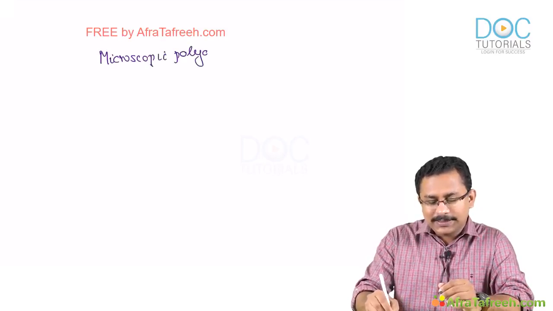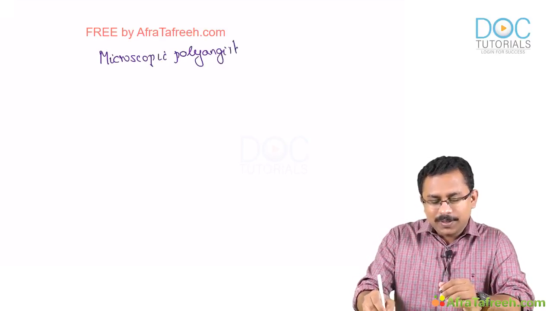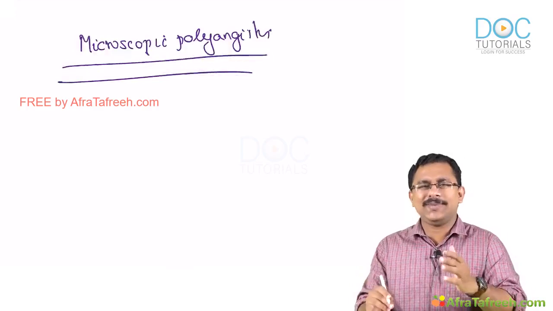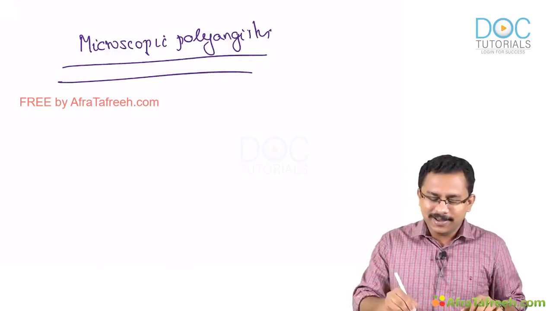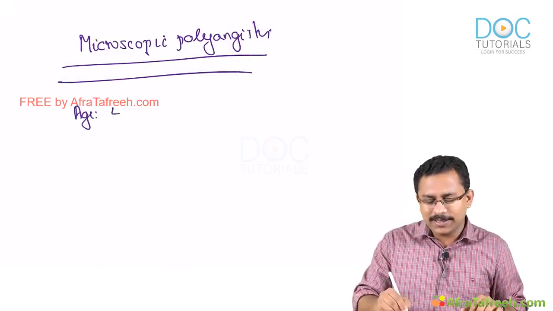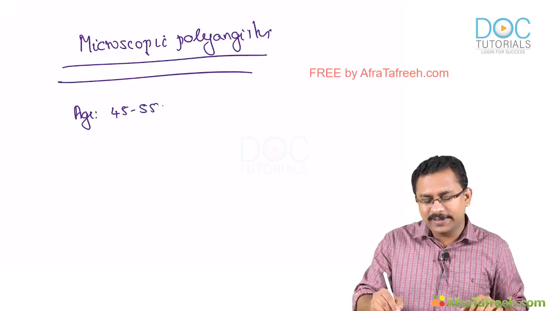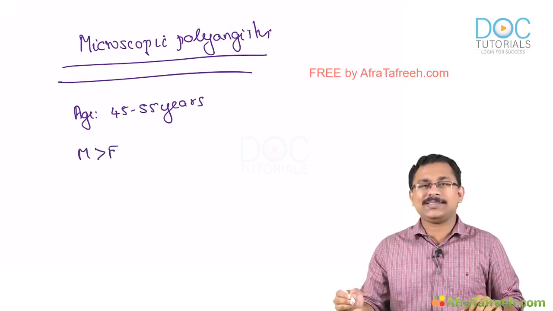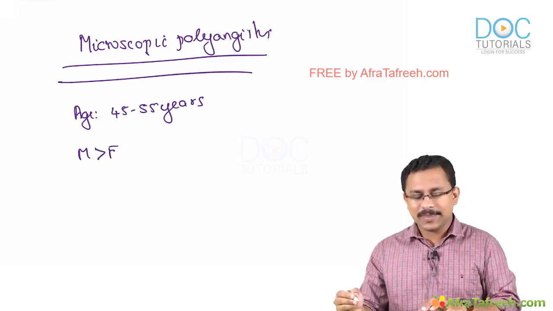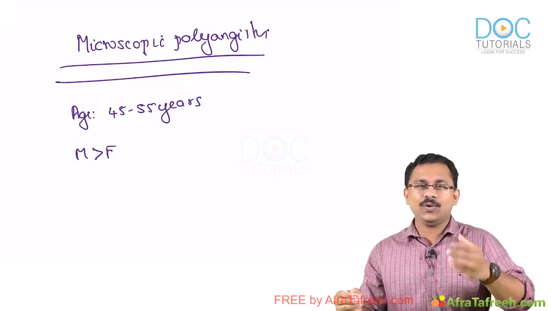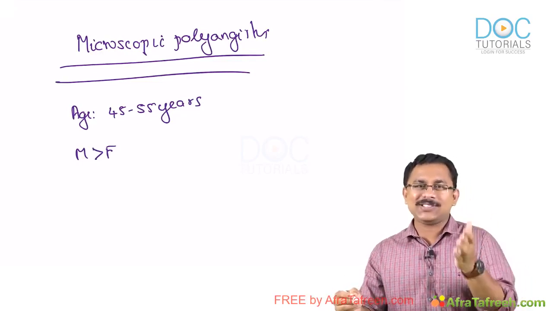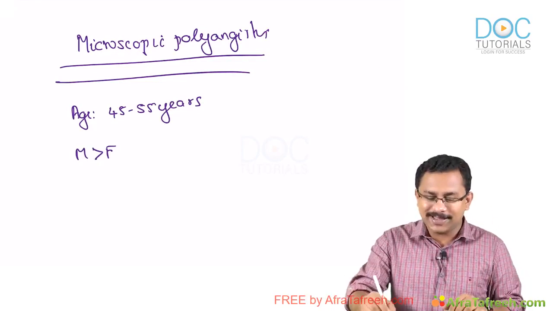Microscopic polyangiitis. So in microscopic polyangiitis, the age of presentation is almost similar to that of vaginous granulomatosis, around 45 to 55 years. It is slightly more common in males compared to females. And I told you the common feature that bridges all the ANCA associated vasculitis is the necrotizing vasculitis.